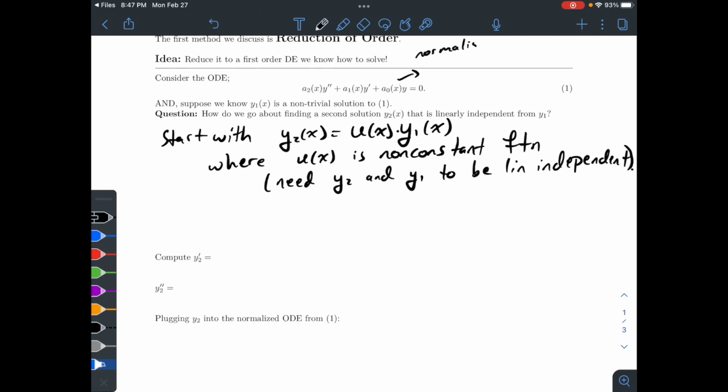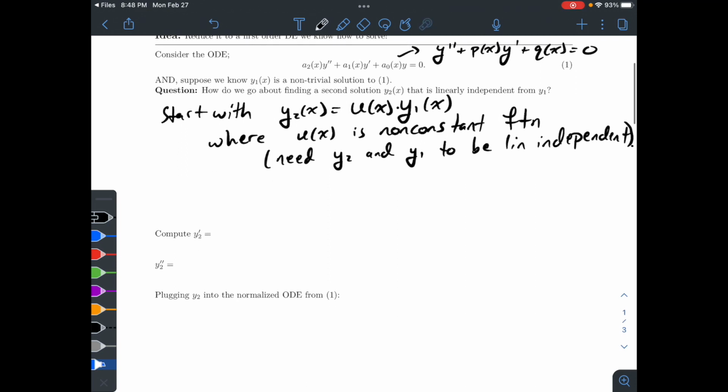Let's normalize this by dividing by a2 of x, and we basically get y double prime plus p of x times y prime plus q of x times y equals 0. And that's what we get after normalizing. Now we're going to plug y2 into this and see what we get.